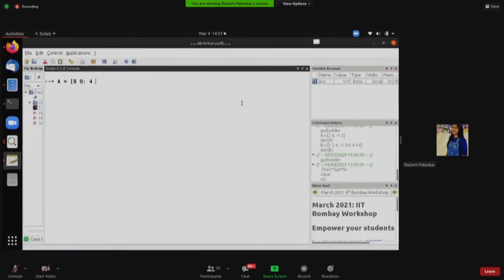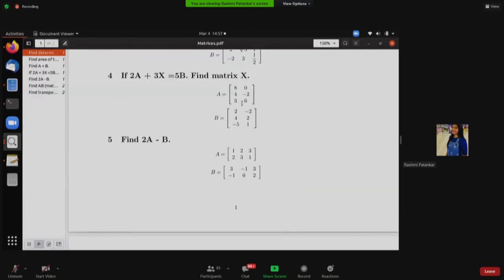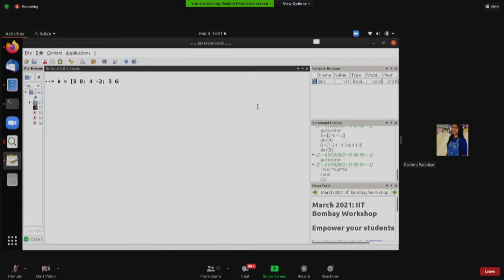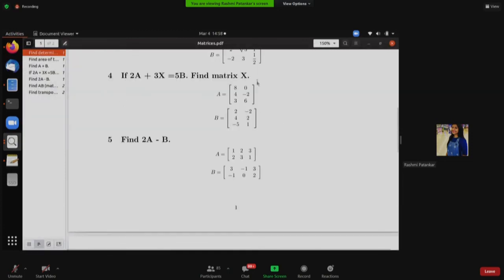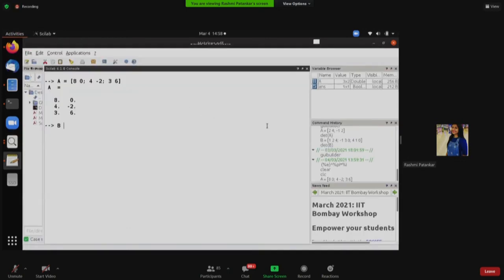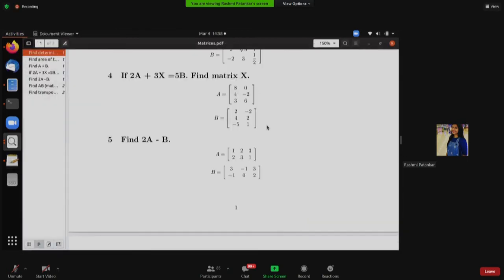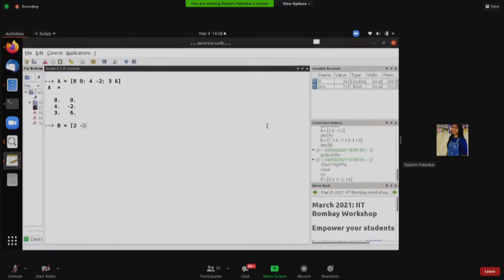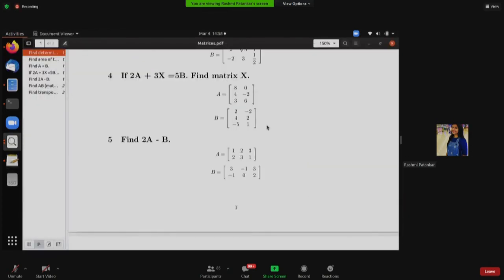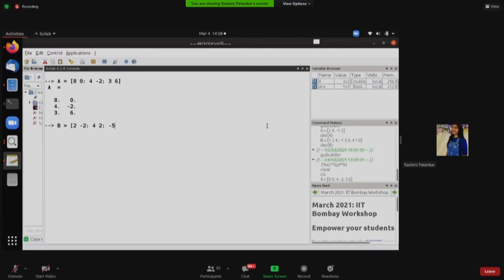Then this is 4 minus 2. And then there is 3, 6. This is the first matrix, that is A. Now let me define the B matrix, which is B is equal to 2 minus 2 semicolon 4 space 2 semicolon minus 5 1, correct? So this way we have defined the matrix B.